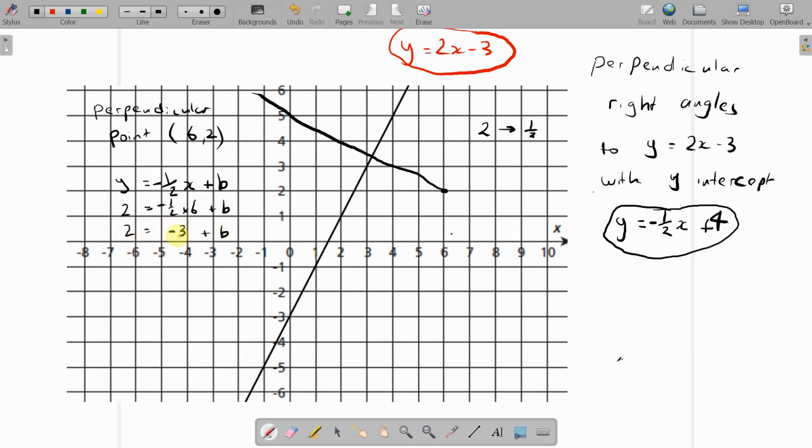To get rid of the negative 3 from here, we add 3. That cancels the minus 3 out. 2 plus 3 is 5. I think we were right. Equals b. Yep, that's right. So the equation is negative a half x plus 5.